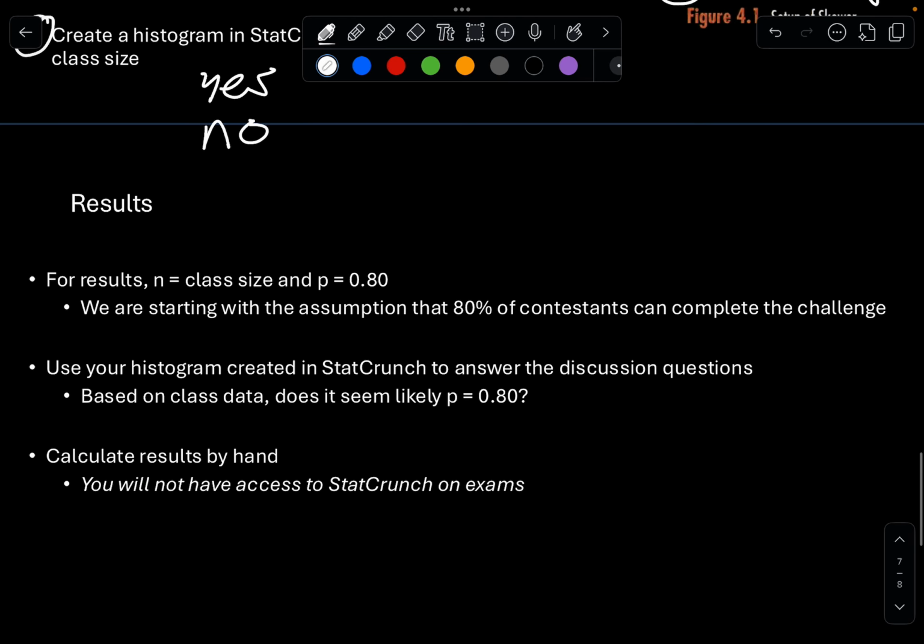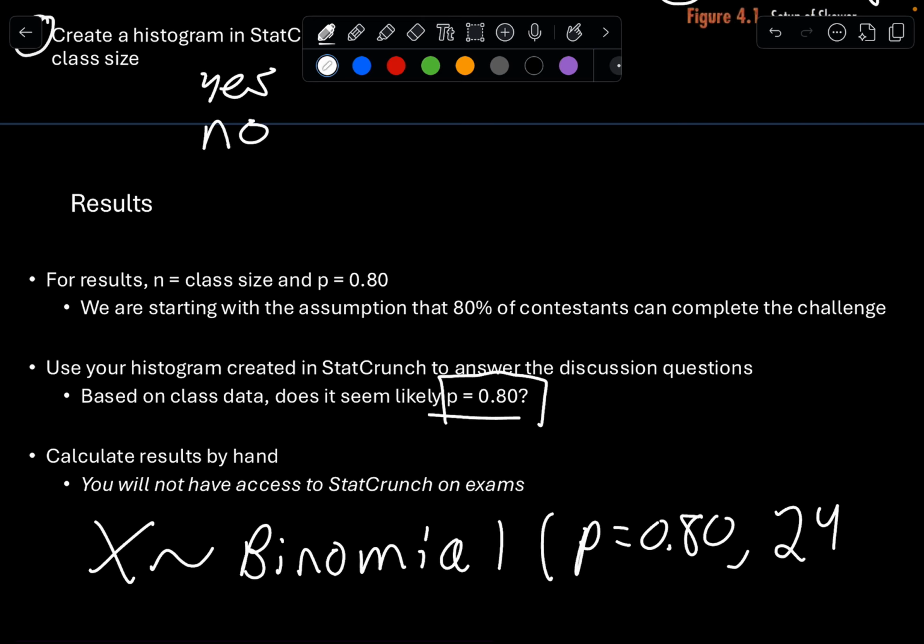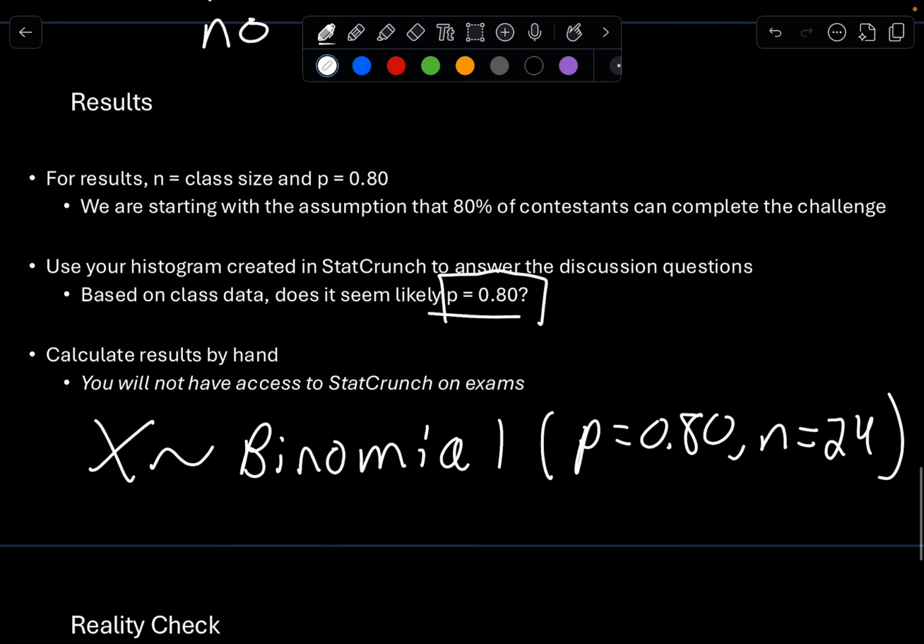Okay. Now, based on table 4.2, the number of successes, the number of trials that you have, is it likely that P is really 0.8? Right? Is it likely that P is really 0.8? So you're going to start with X is binomial, P, the success probability is 0.8, and then n, let's say there are 24 students in class that day.